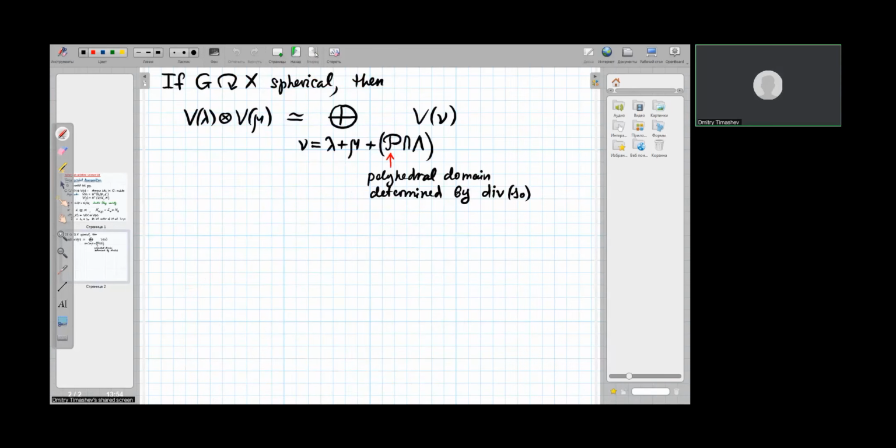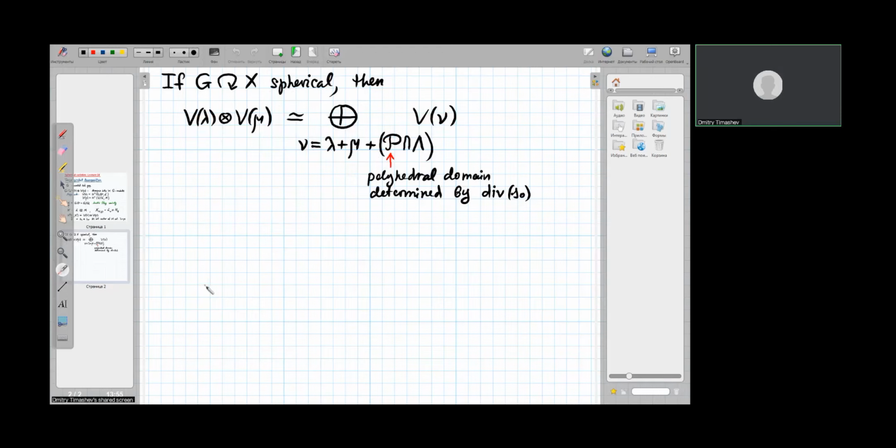Okay? So if we have a good control over the geometry of X, over colored data and so on, then we can compute this polyhedron. And we can write down explicitly which highest weights of irreducible G submodules occur in the decomposition of the tensor product. And also this decomposition is multiplicity free because the action is spherical. So this can be done efficiently in many cases.